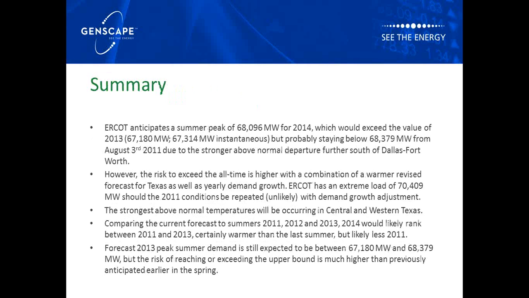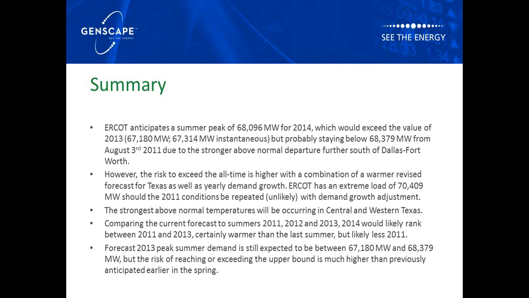So to wrap it up, ERCOT anticipates a summer peak of around 68.1 gigs, which is higher than last year's 67.2, but below the all-time high of 68.4 observed on August 3rd of '11. And this is due to the warmer weather anomalies existing further southwest of Dallas-Fort Worth than they were in 2011.